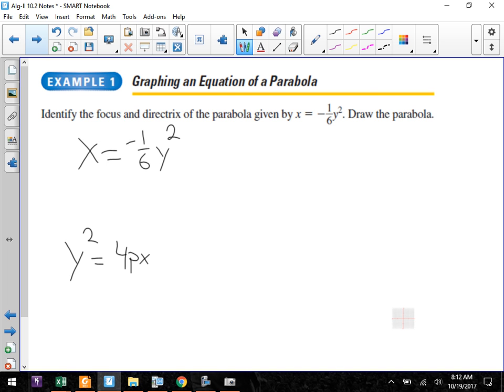What do I do now? Multiply by -6 to both sides? And is it okay if I put y squared on the left-hand side there? Are we all right with that? The reason that I do that is that way it fits the same generic formula that they normally use. So I'm just going to say that y squared is equal to -6x.